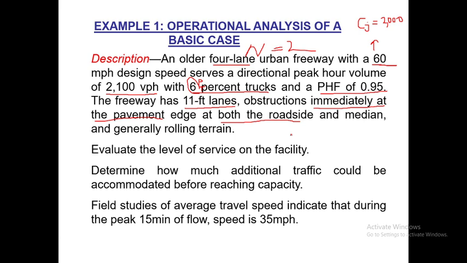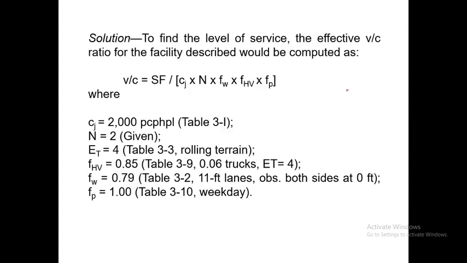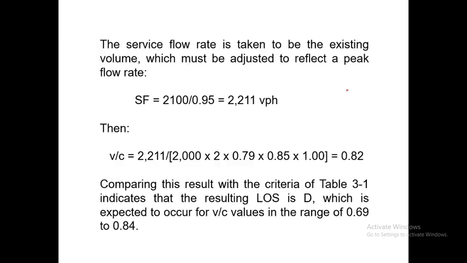For converting the volume to SF, you divide the hourly volume by PHF. So you easily calculate the SF, which is equal to hourly volume divided by PHF. So here we got the SF.